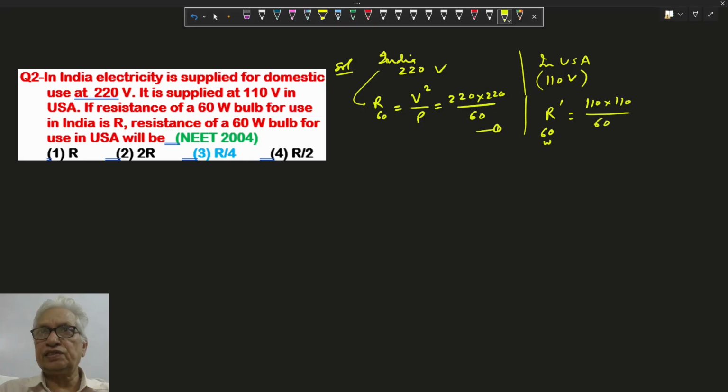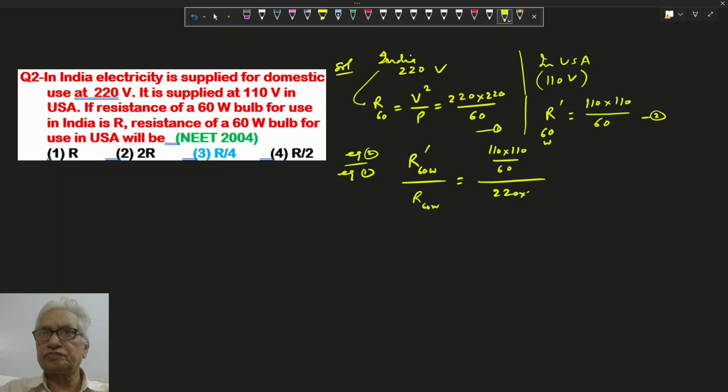Voltage is 110. So if we divide equation 2 by 1, we get the resistance of the 60 watt bulb in US upon the resistance of the 60 watt bulb in India, that is 110 squared by 220 squared. Cancelling out by 2 and again by 2, we get 1 by 4.